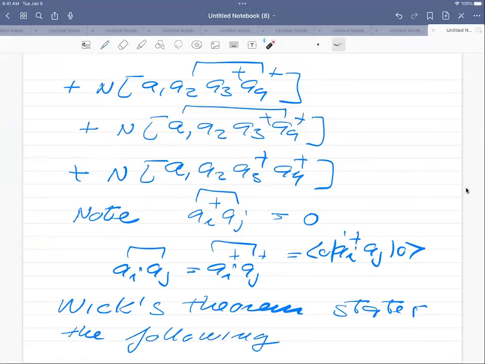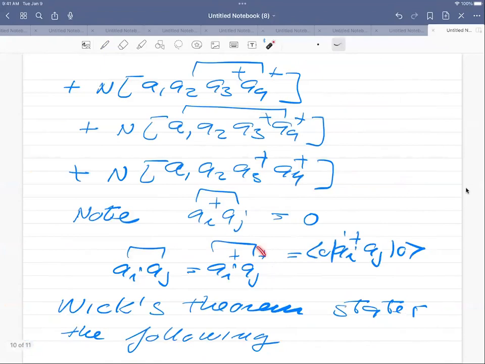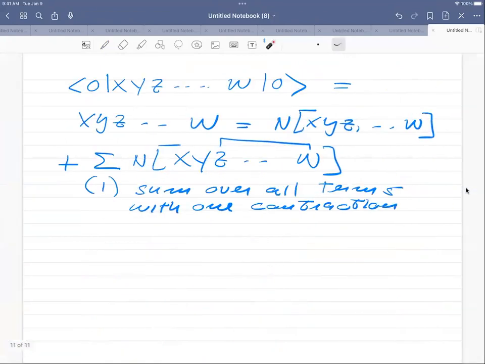That is also automatically 0, because when we normal order it, we are going to get 0. We have one contraction here. We also have a term with one contraction here, and we had a term with one contraction here. But then we didn't list those which are automatically 0. So we can then sum over all terms with just one contraction.